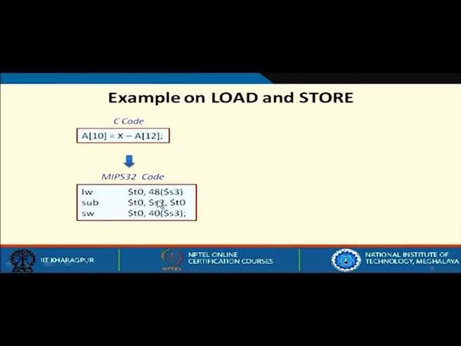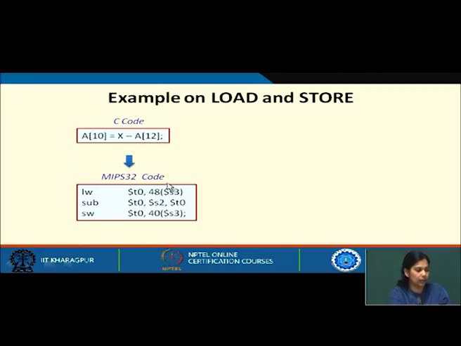So, we need to load the initial address of A in S3 and then add 48 to this initial address, and the word at that address will be A12.